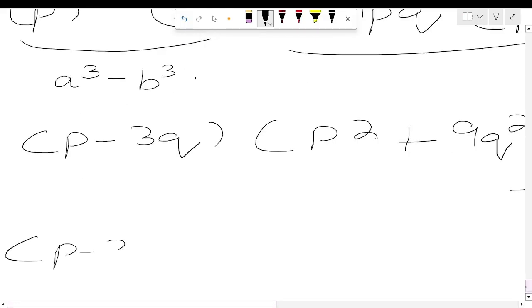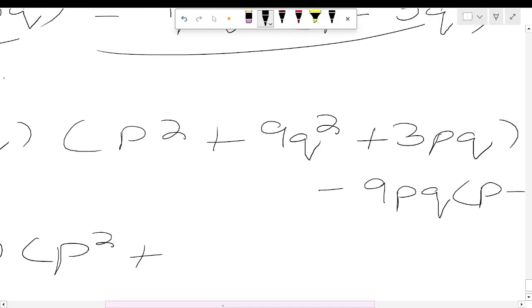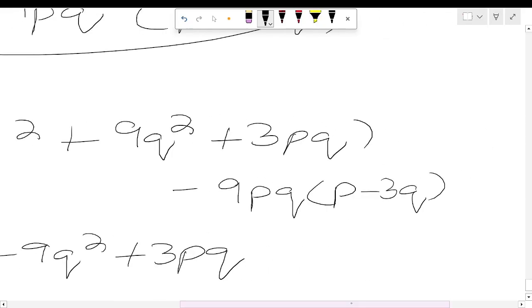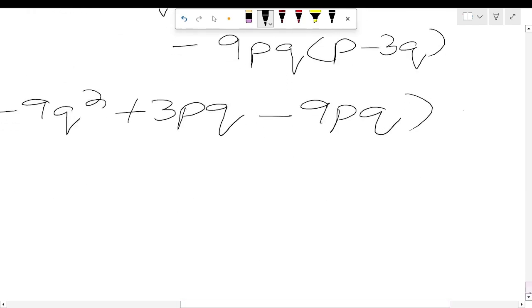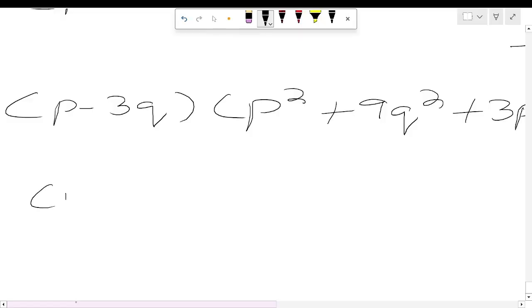So I'll just write p minus 3q as the same only one time, and then I'll write p square plus 9q square added with 3pq, and now inside of this parenthesis we're gonna have negative 9pq and then the parenthesis will close. So now we have 3pq being subtracted from 9pq. The answer will be negative 6pq, and then we'll write p minus 3q.